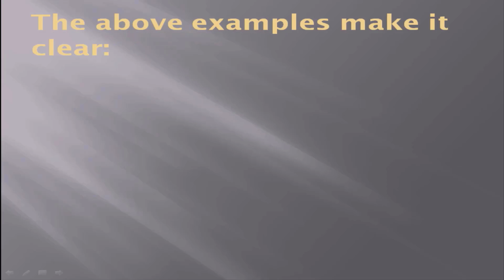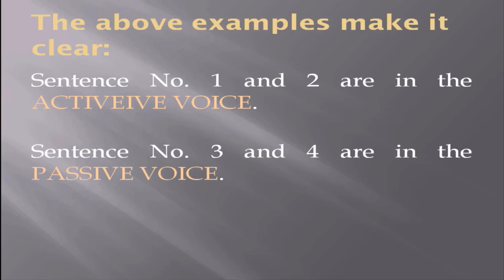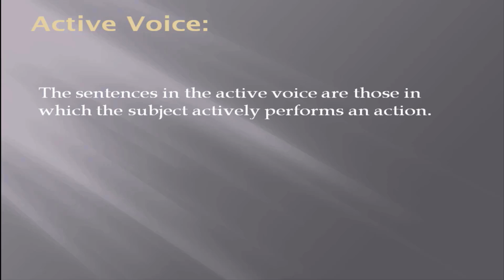The above examples make it clear that sentence number 1 and 2 are in active voice and sentence number 3 and 4 are in passive voice. The sentences in the active voice are those in which the subject actively performs an action.